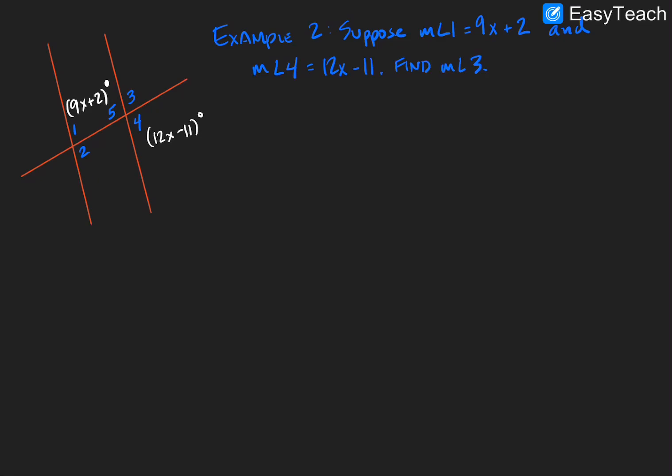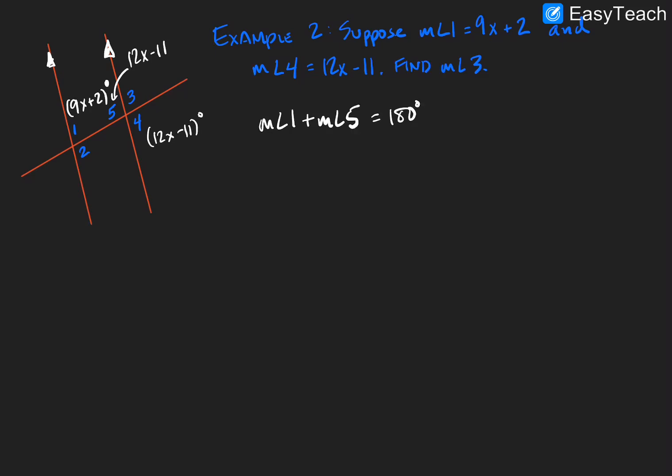So even though it says that angle 4 is 12x minus 11 degrees, I can also say that angle 5 is 12x minus 11. And I know that the measure of angle 1 plus the measure of angle 5 has to equal 180 because, oh, and I forgot to say at the beginning of this problem, we're assuming that these lines are parallel. So when those lines are parallel, my same side interior angles are going to be supplementary.